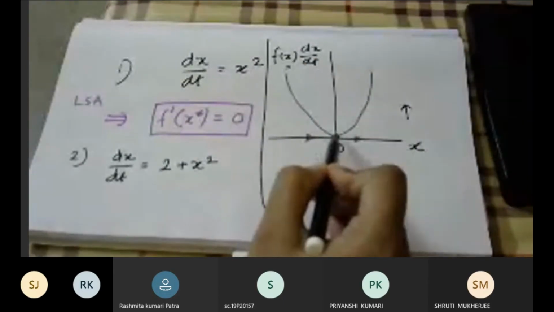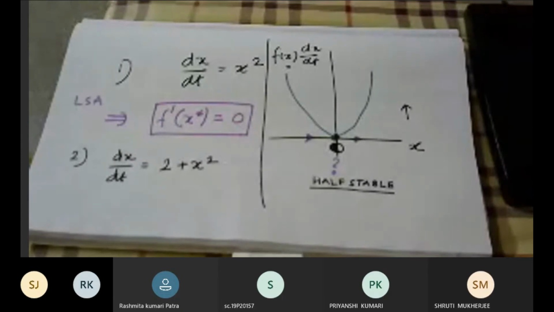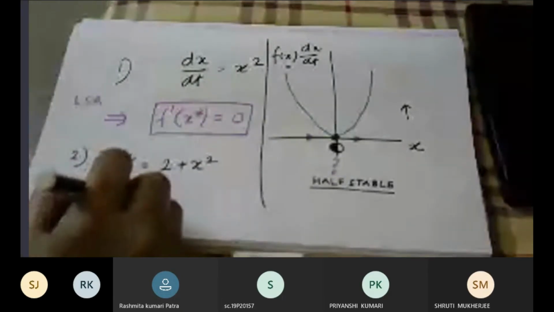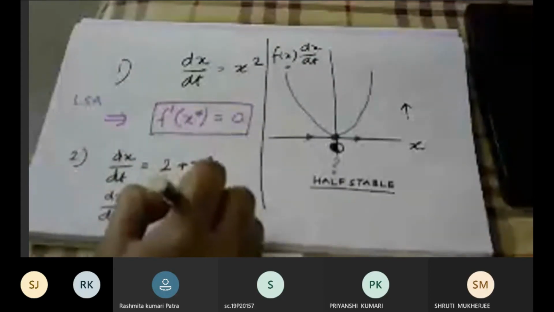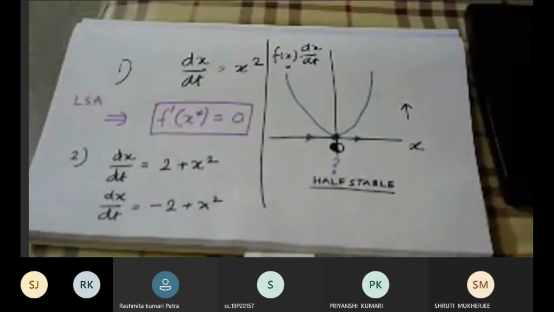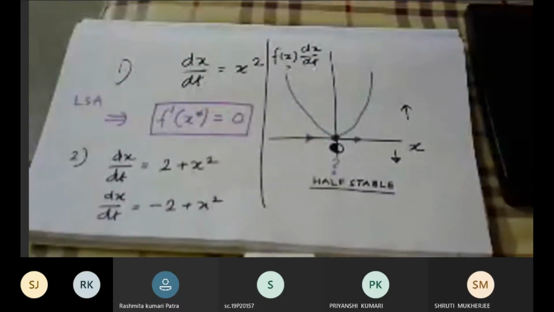And then it will not touch the x-axis anyway. Is it clear? Similarly, if I have an equation like dx/dt equal to minus 2 plus x square, then this curve will shift down. And instead of 1, I will have 2 fixed points.